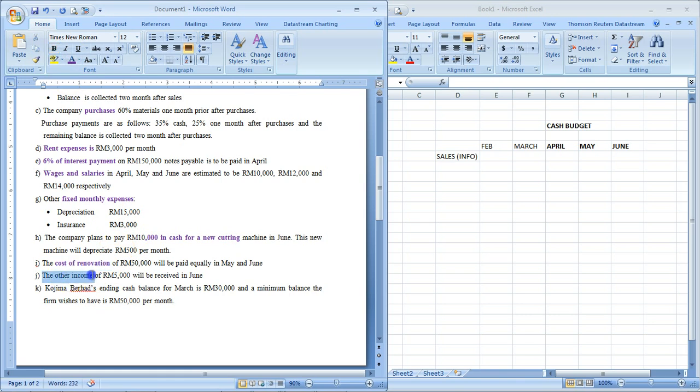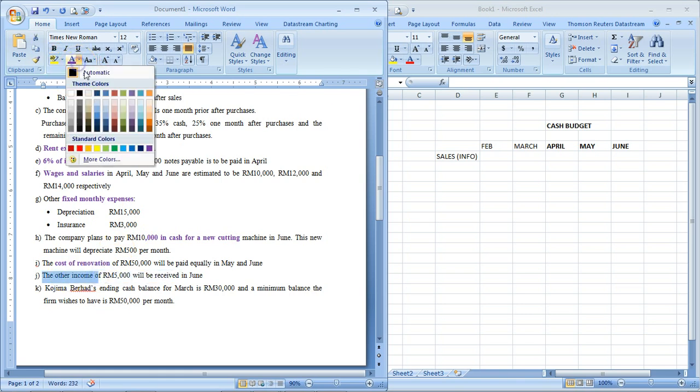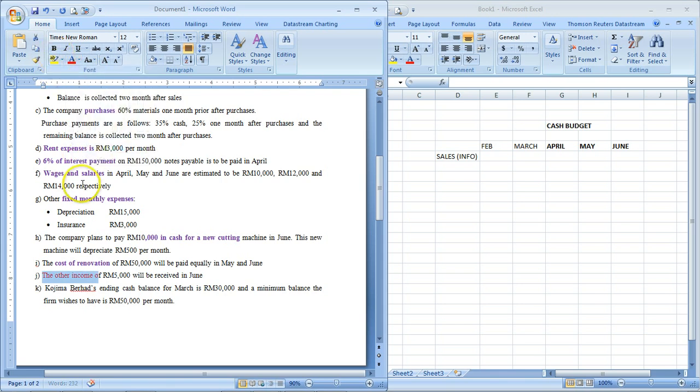Other income received means receipt, so you put red color. So my idea here is you categorize first, either receipt or payment, and last is the information that you need to fulfill after you do receipt minus payment. Later I will explain this part.